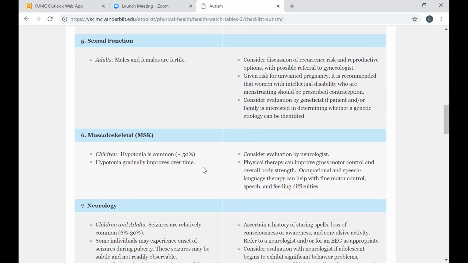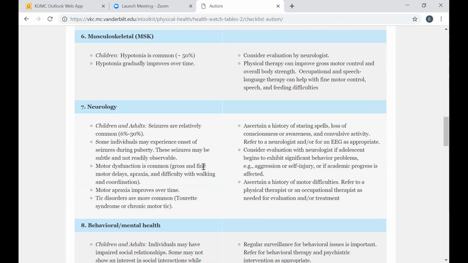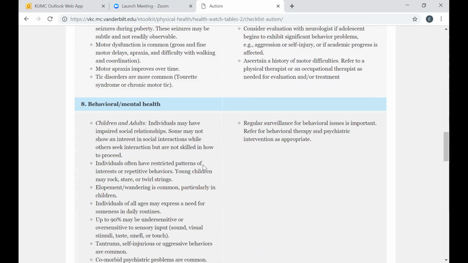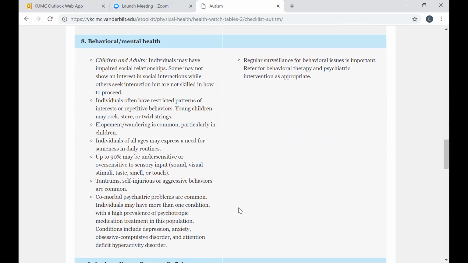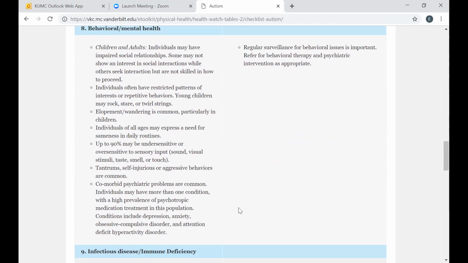It talks about fertility, then some seizures and tic disorders. And then the other thing, as I had mentioned, the behavioral and mental health component, I think, is the biggest source of we don't know what we're doing when it comes to primary care providers, and needing more guidance. So this is one way that we can look for help in a form that's at least a little bit evidence-based.